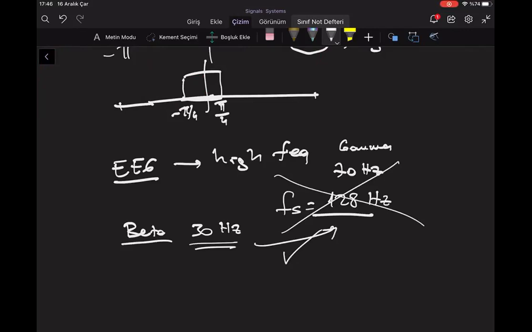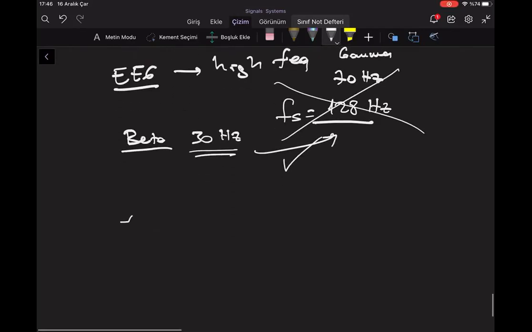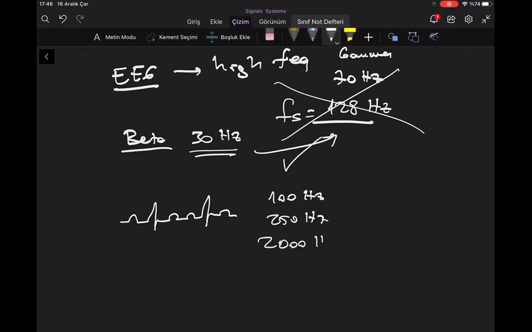Do we understand, everyone? For example, in ECG, there are different systems with 100 hertz, 250 hertz, even 2000 hertz. What is the goal of using 2000 hertz here? Maybe there are very slight changes in the heart voltage, which will tell me something about heart disease.